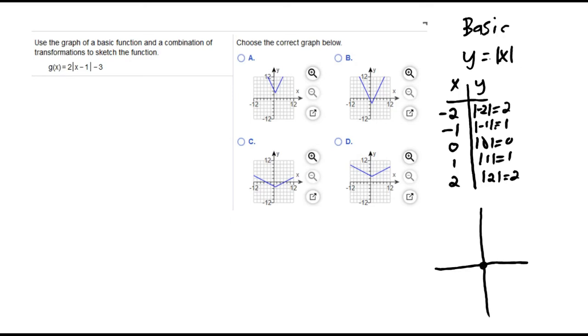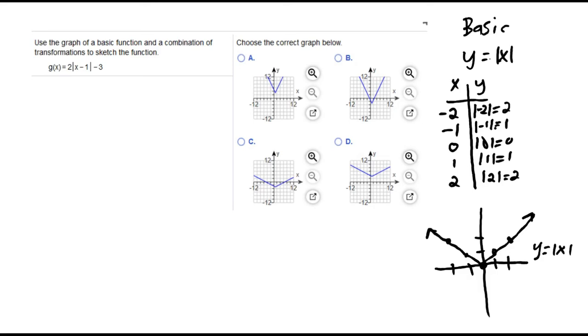We have 0, 0, 1, 1, 2, 2, -1, 1, -2, 2, and we get our V-shaped graph of y equals absolute value of x. And that's why you can see all these answer choices have this V-shaped graph, because we start with that because the absolute value is there.